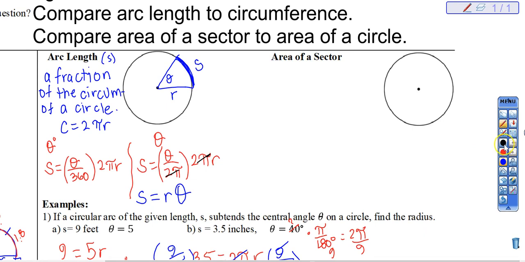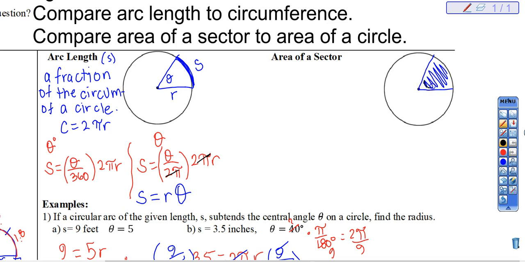So area of a sector, let's draw a sector. A sector is just a central angle, so it's basically all that space. It's just a portion or a section of the circle.